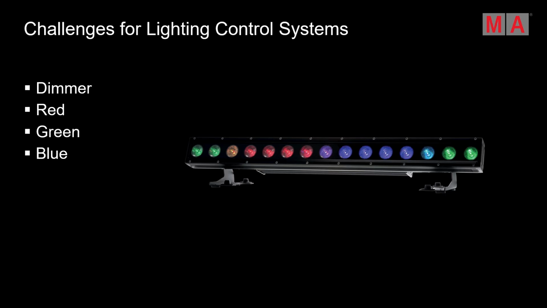But now let's think of LED bars where we have the single pixel control. So we can control every pixel of the LED bar individually in the color. Of course, then we have again a channel for red, and again a channel for green, and of course again a channel for blue. And we do not only have 2 pixels, but we have 3 pixels, and we go on with the red and green and blue again.